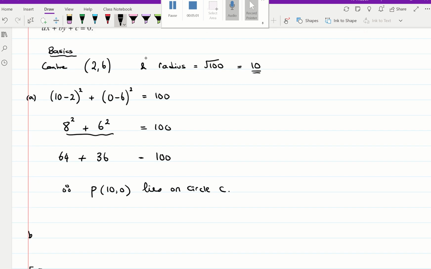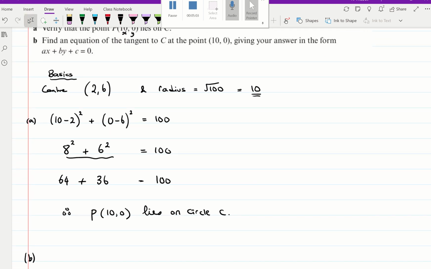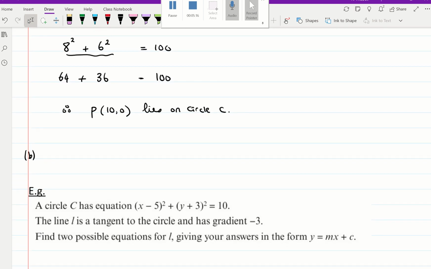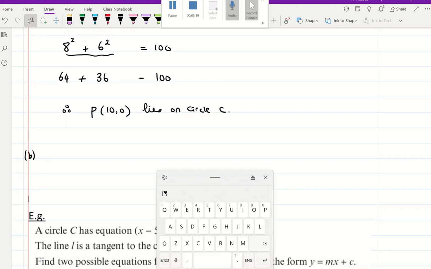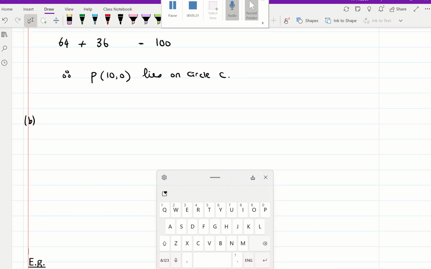And part B says find an equation of the tangent to C at the point (10, 0), giving your answer in the form ax + by + c = 0. So I'm just going to create some space for me to write.